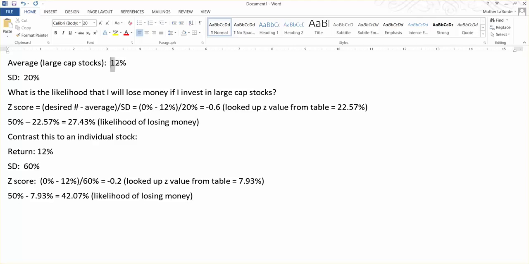So even though the S&P 500 and Amazon both had the same expected return, because Amazon was so much riskier, it results in a higher likelihood of losing money.